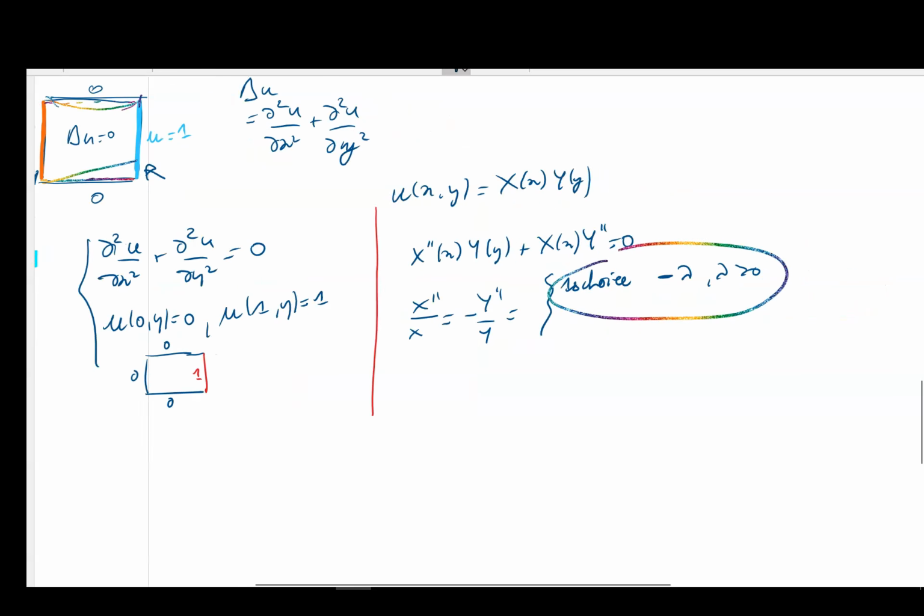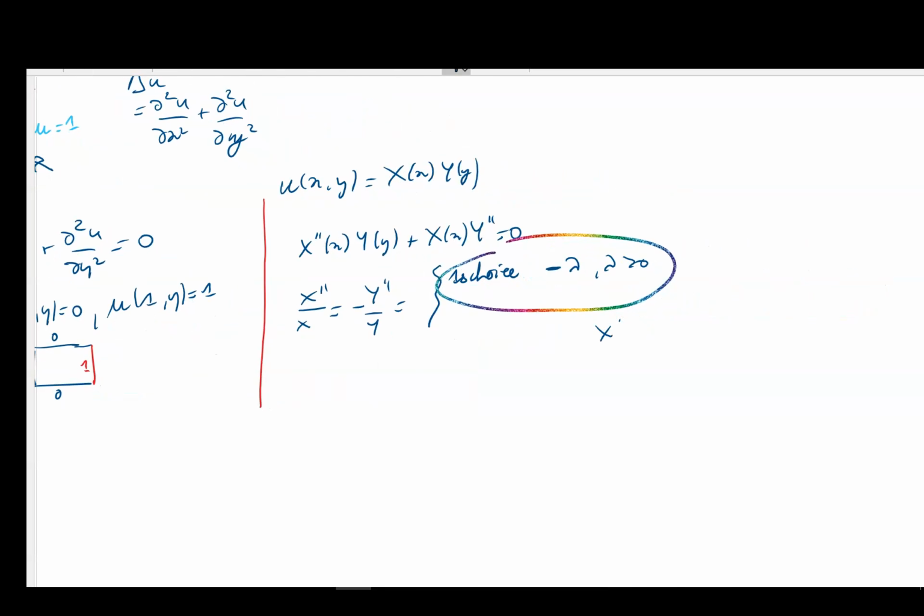So what's happening then? I get that X second over X is equal to minus lambda, and Y second over Y is equal to lambda, with lambda positive.